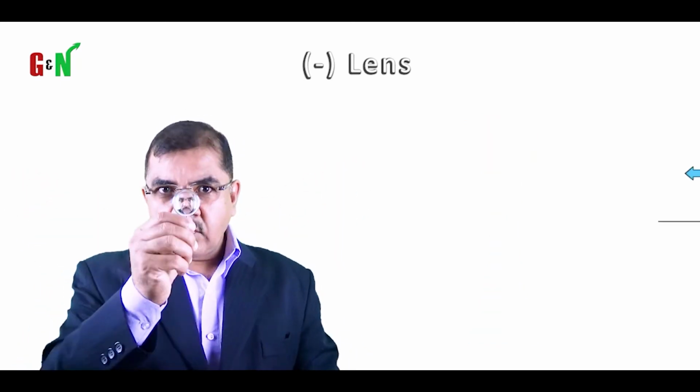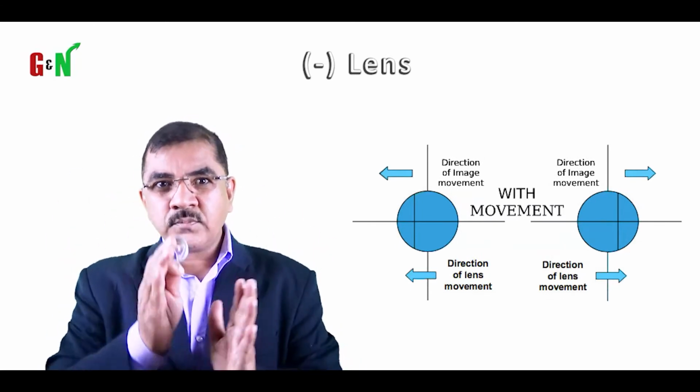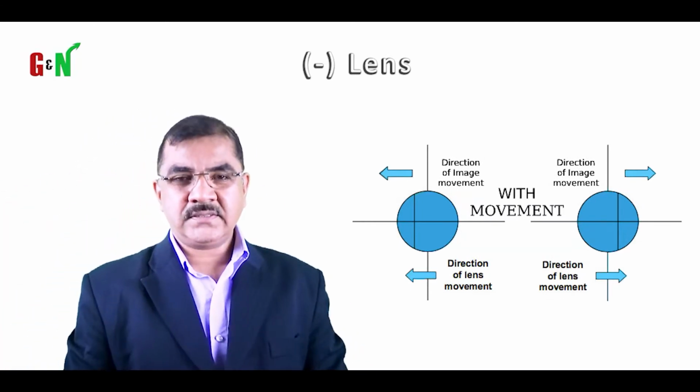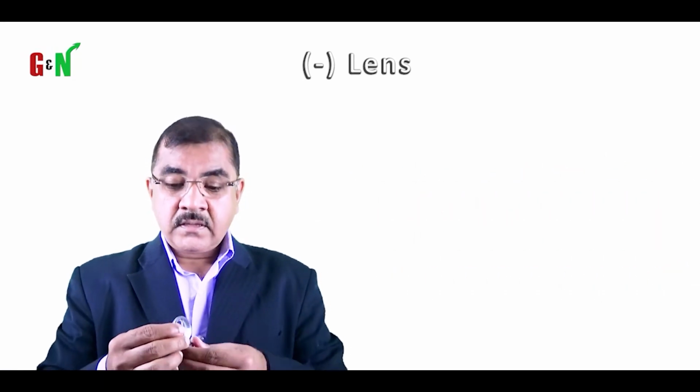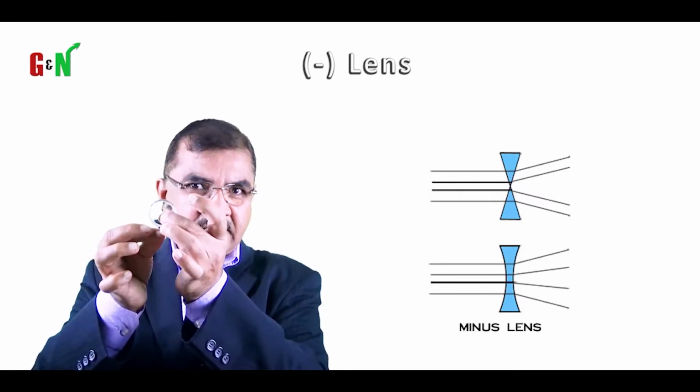Then if you move it sideways, there will be with movement. So object will move along with the lens. As you can see, the periphery is thick, the center is thin.